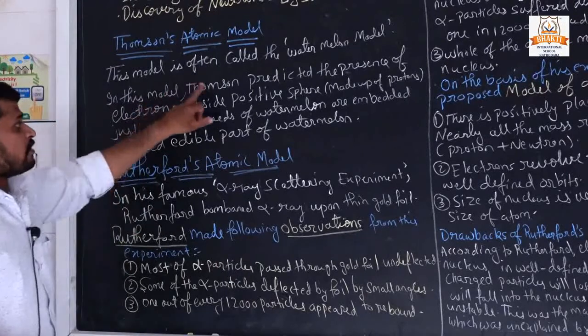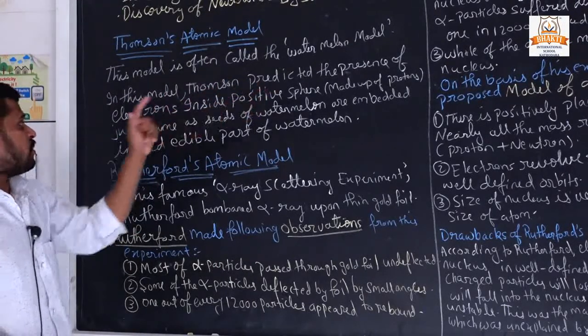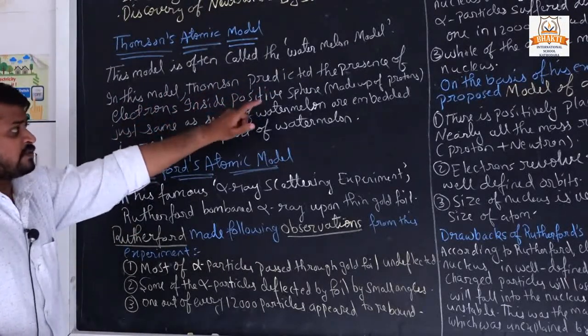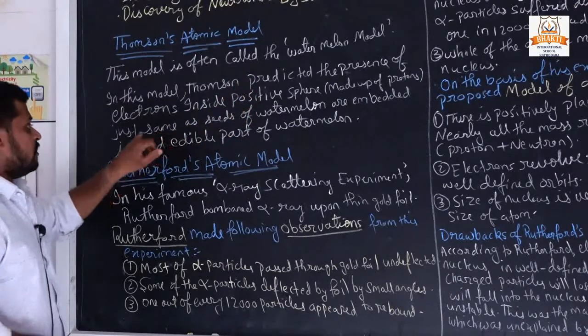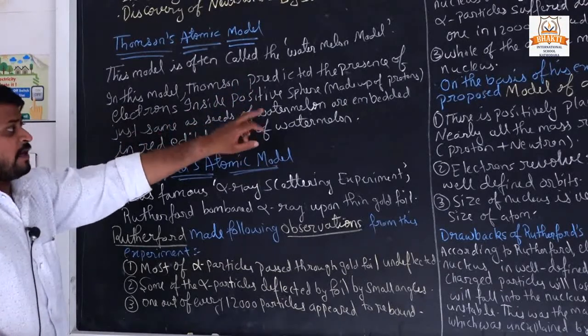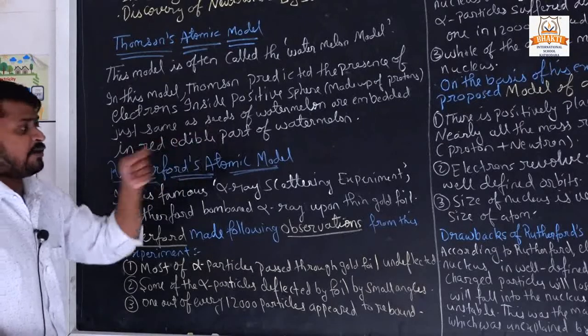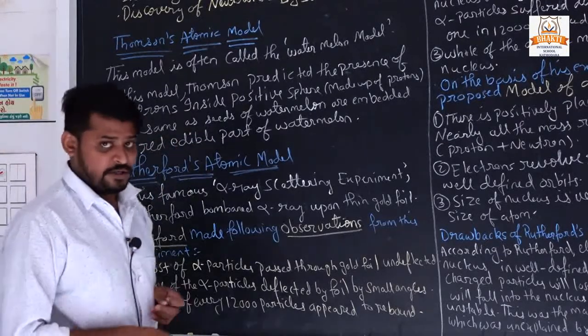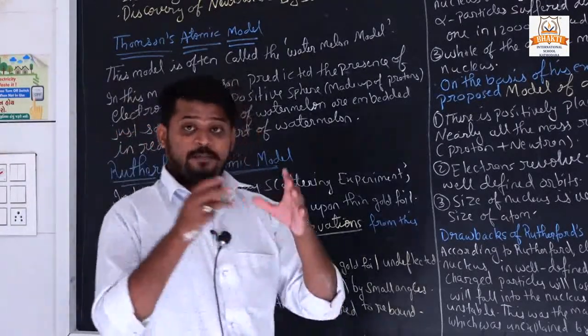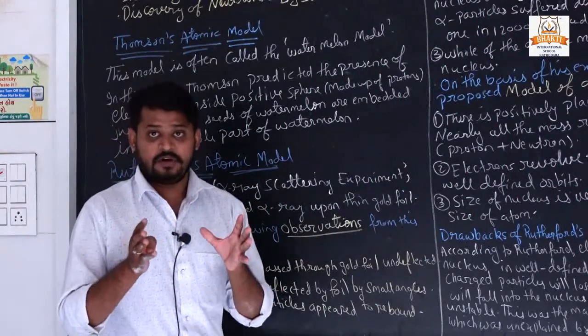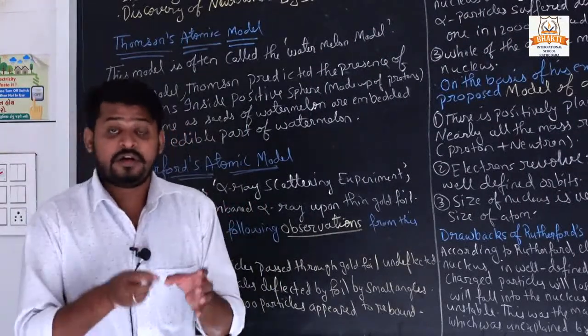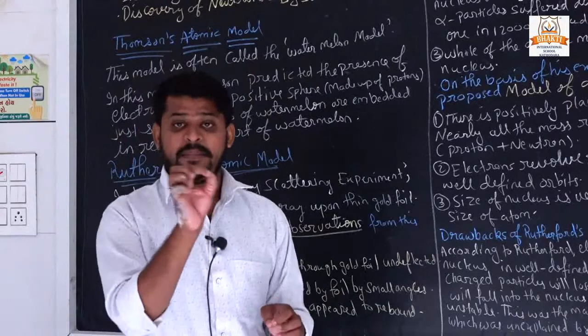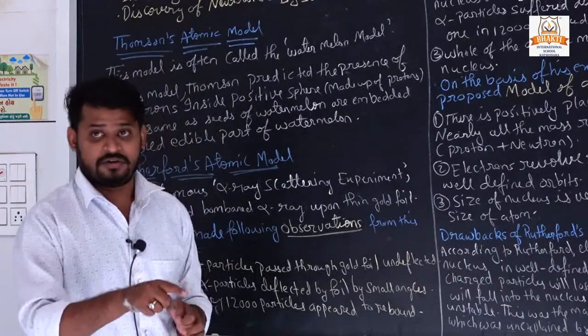So in this model, Thomson predicted the presence of electrons inside a positive sphere made up of protons, just as the seeds of a watermelon are embedded in the red edible part. I told you that the red edible portion of the watermelon is the proton, and the seeds embedded in it are the electrons.